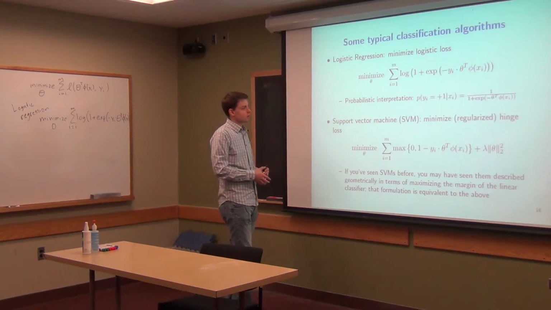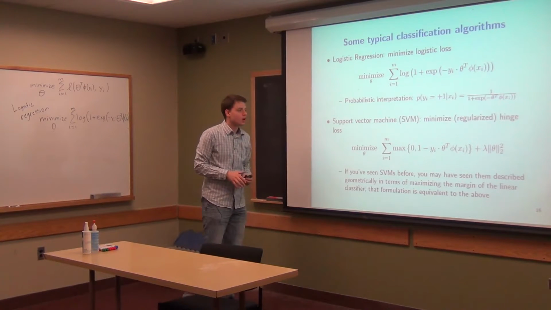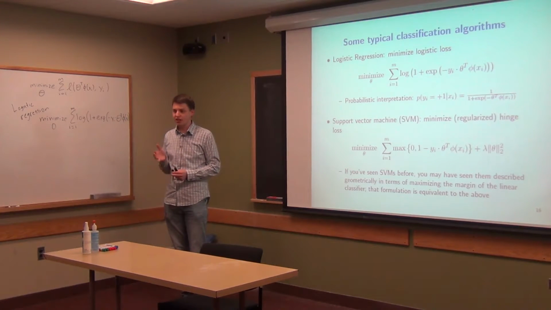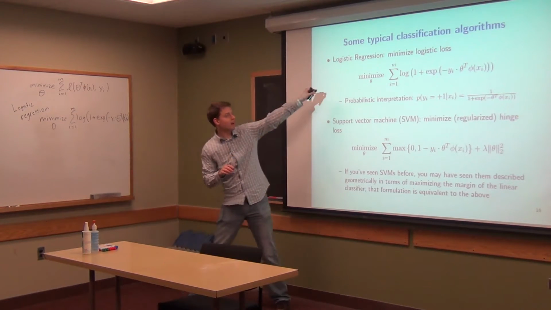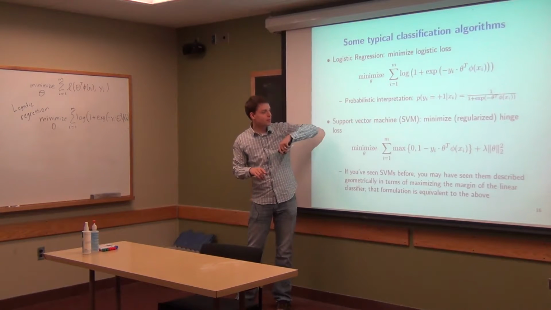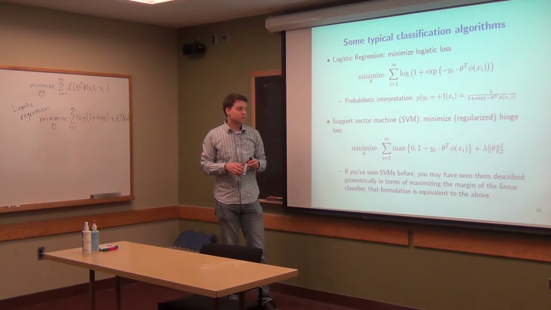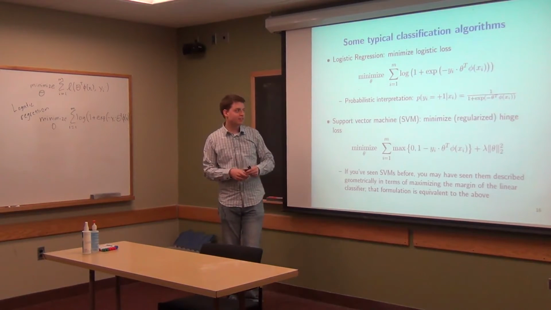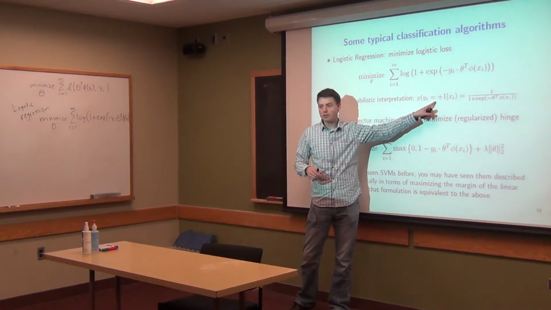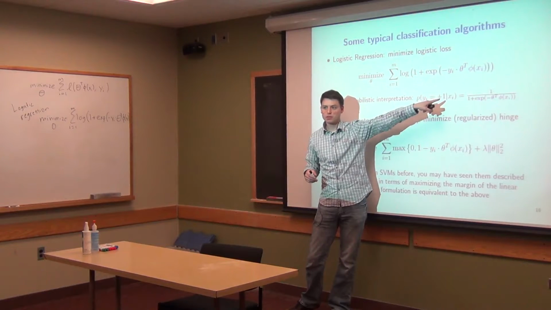But though we won't cover it, one important thing to know is that there actually is a probabilistic interpretation for this logistic regression. The basic idea is that you can think of it as kind of encoding the probability that your output is 1 given your input.